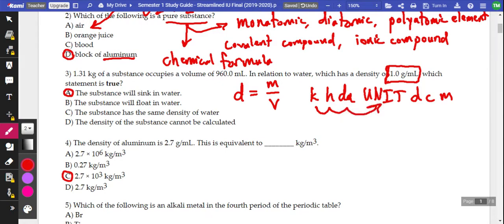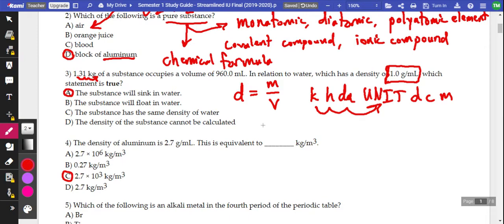You can also do a conversion: there are 1,000 grams in a kilogram, so I'm going to divide by 1 kilogram, multiply by 1,000 grams, cancel my units, and I get my answer. Either way, we should end up with 1,310 grams of this stuff, occupying a volume of 960 milliliters.